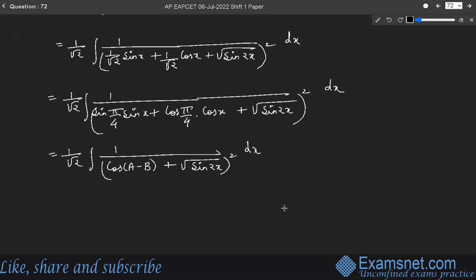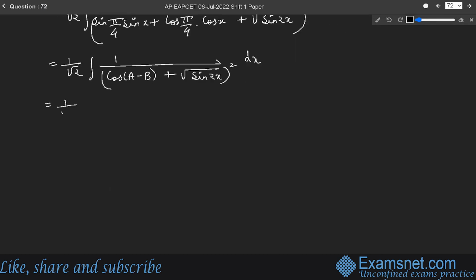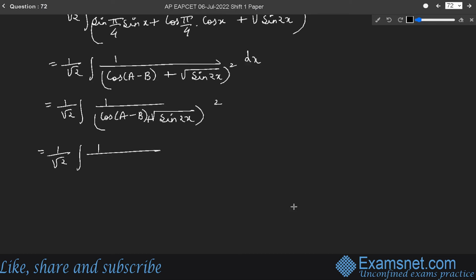Here we have used a trigonometric identity which is sin A sin B plus cos A cos B is cos A minus B. So this will be equal to 1 upon root 2 integral of 1 upon cos A minus B, plus under root of sin 2x whole square. See here there is plus, not into. So it will be equal to 1 upon root 2 integral of 1 upon cos square A minus B plus, on squaring it, it becomes sin 2x.